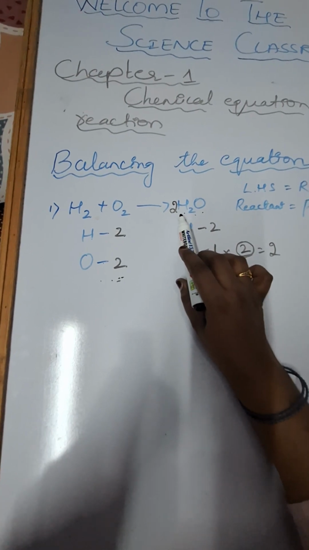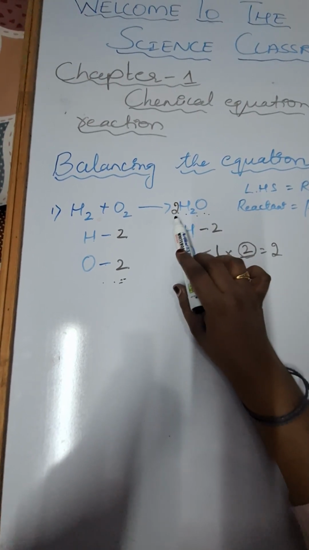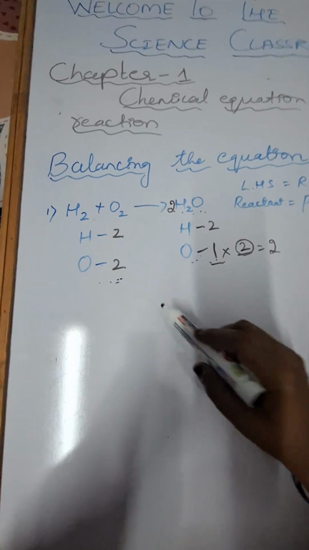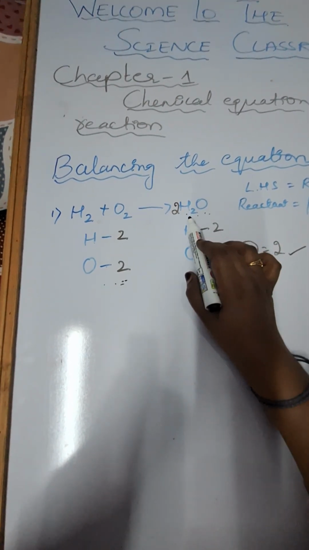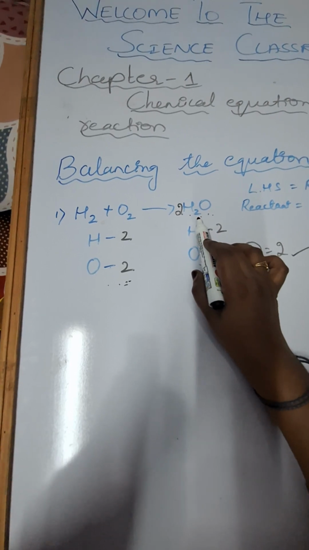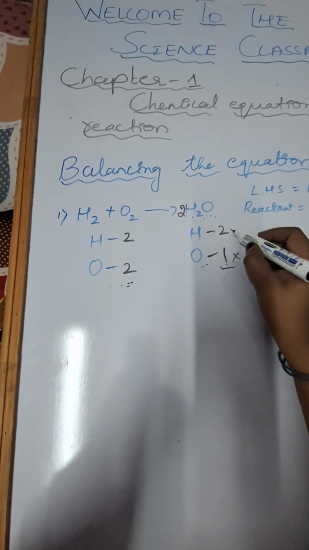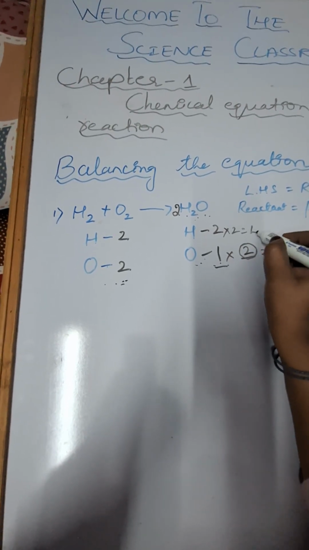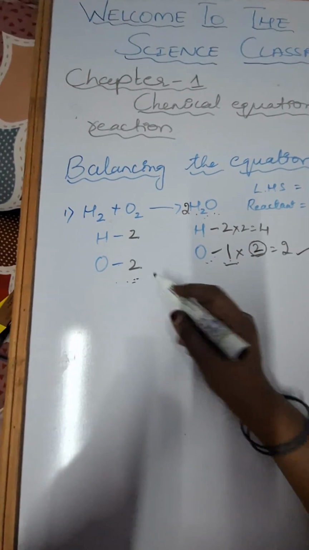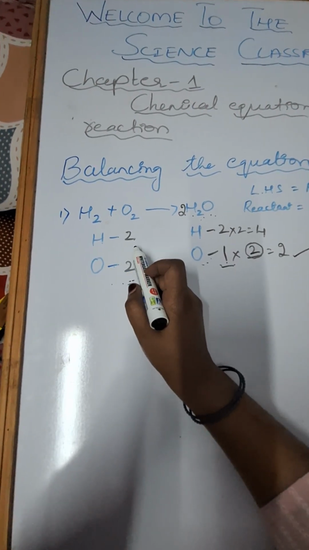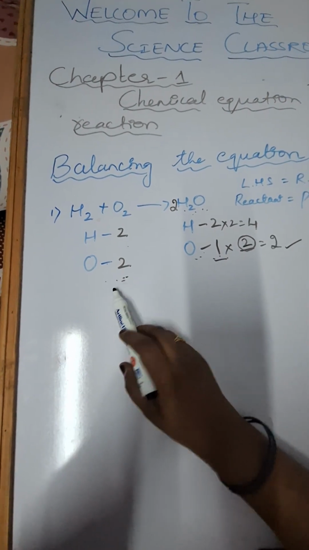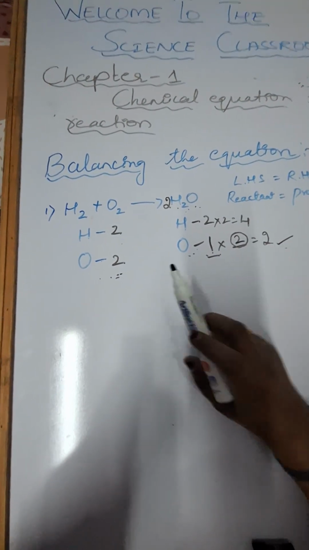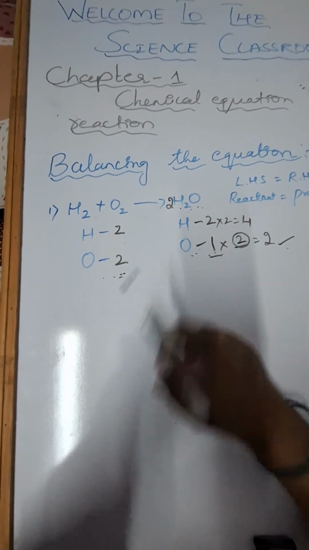It means hydrogen also will get 2 and oxygen also gets 2. Now, this is balanced. Now if you see hydrogen, 2 2's are 4. Coming to the reactant side, we have 2. Product side, we have 4. Reactant side, O is balanced. Product side, O is balanced.